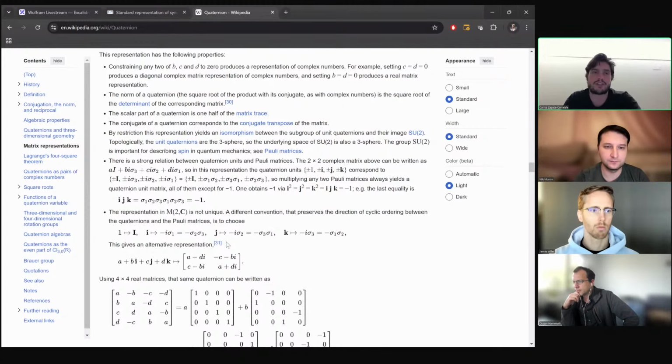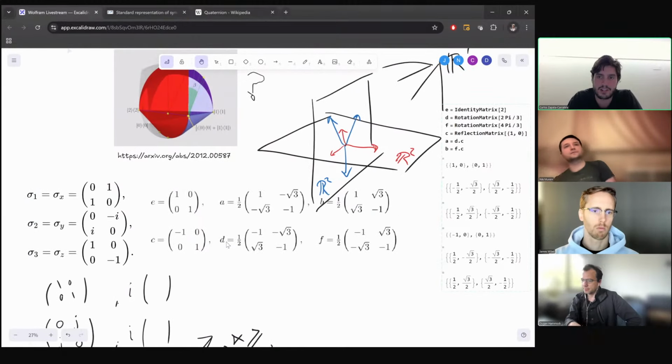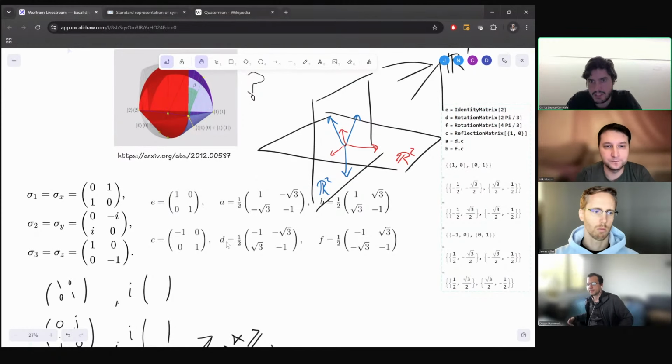Right. So anyway, the question remains. What I was going to say is, you have this algebra of SU2, whichever representation you like, and then you take some projection down one dimension, right?